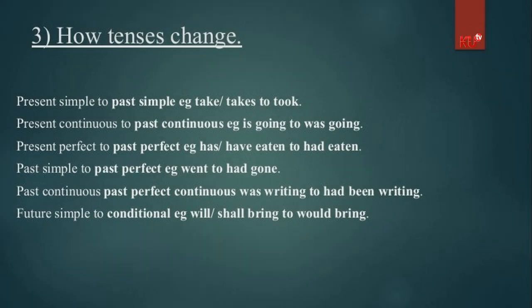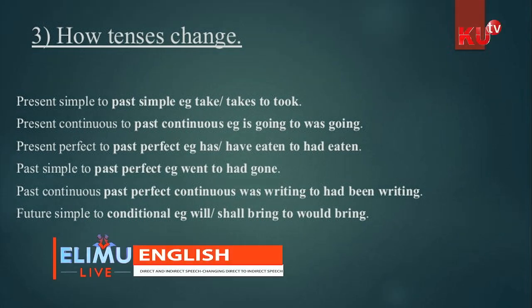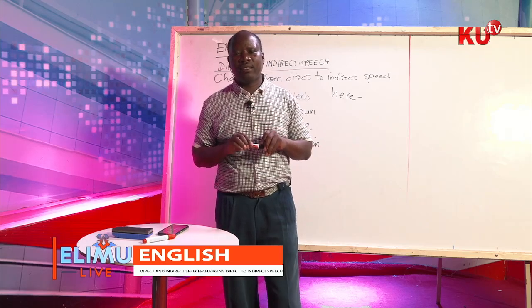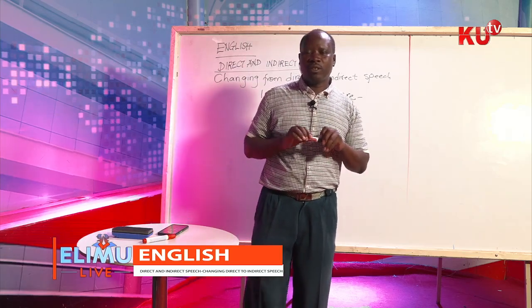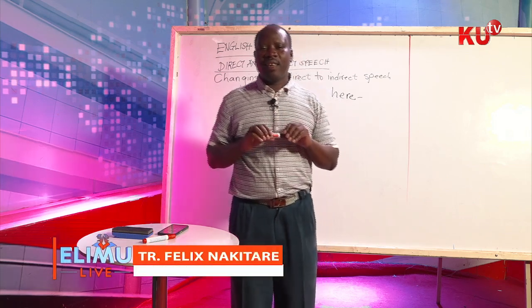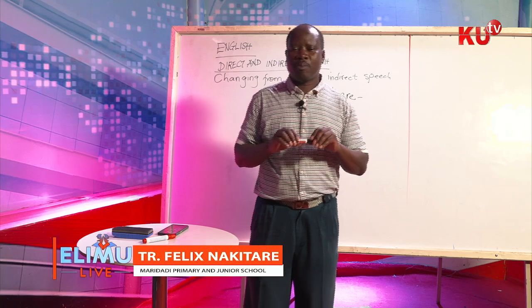Tense number 3 that we have, present perfect tense. Present perfect tense changes to past perfect tense. An example, the boy said, I have drawn an aeroplane.